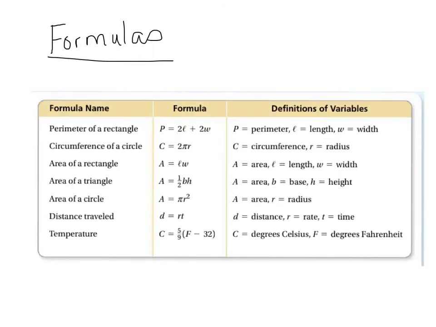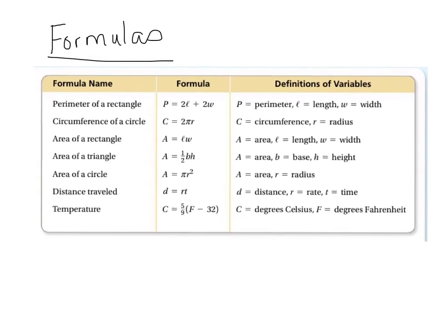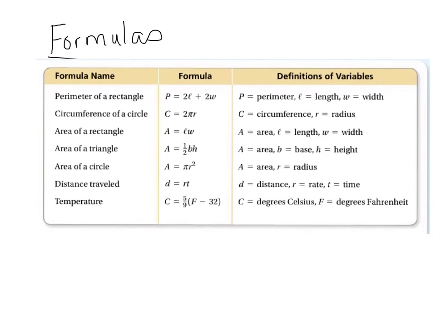These are just a few of the most common formulas that we know, most of which are from geometry, although some of them, like distance traveled, distance equals rate times time, come in from word problems, and temperature from converting from Celsius to Fahrenheit. We can also take these formulas and rewrite them in another form, and this is where it might come in handy.